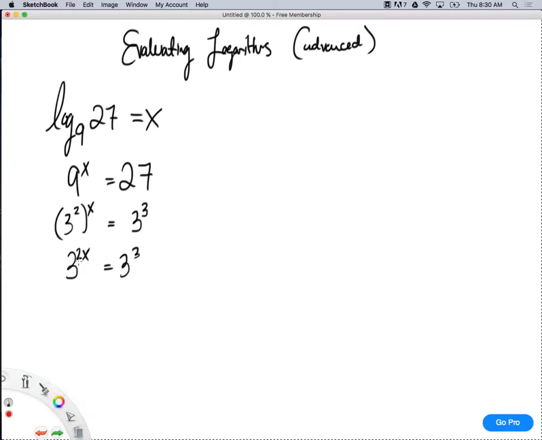Since those are equal, I equate my exponents, and I get 2x equals 3. Divide both sides by 2, and I end up with x equals 3 halves. Okay? That's the advanced method. You set it equal to x and you solve.